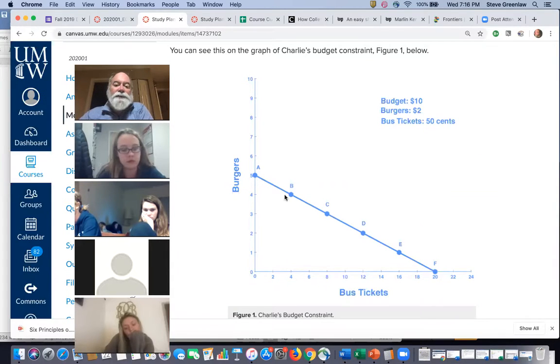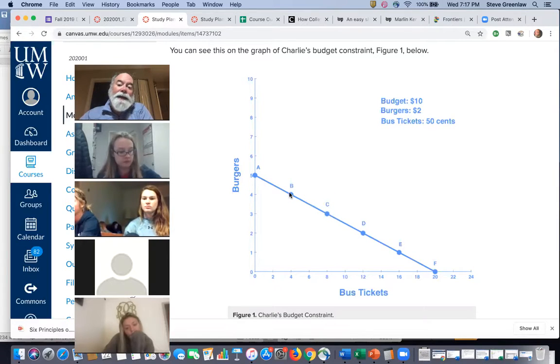Let's suppose we start at point B and we decide we want another bus ticket. Oh, this is a funky example. Okay, if we want another bus ticket, we're going to have to give up some burgers because we're spending our entire budget at point B. So to get one more bus ticket, we're going to have to forego some burgers.